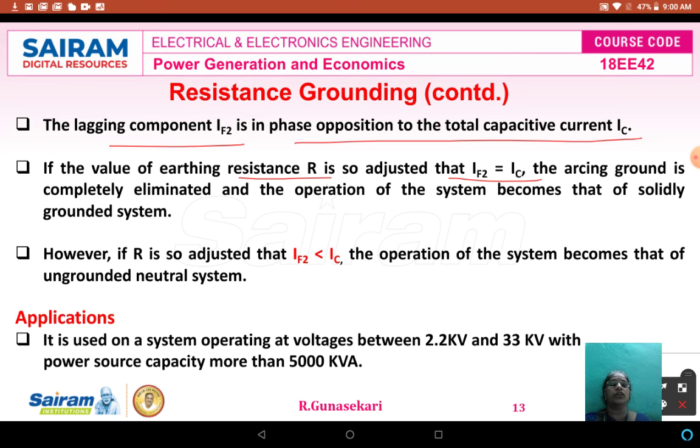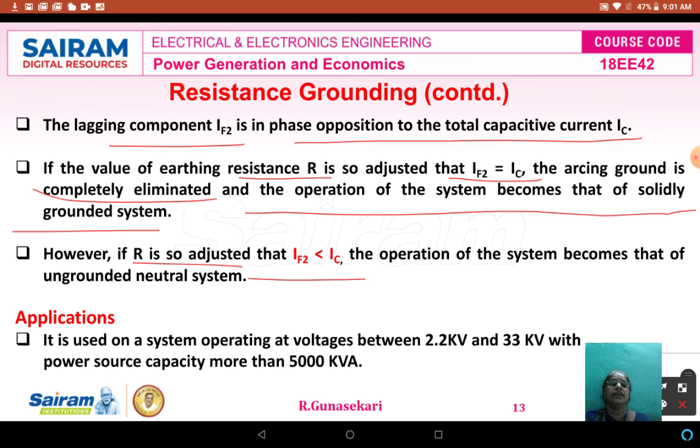Therefore the arcing ground is completely eliminated in the resistance grounding system, and the operation of the system becomes that of a solid ground system only. Suppose R is adjusted so that the lagging component is less than the capacitive current IC; then the operation of the system becomes that of an ungrounded neutral system. As I already told, based on the value chosen for the earthing resistance only, the resistance grounding system acts as either a solid ground system or an ungrounded neutral system.